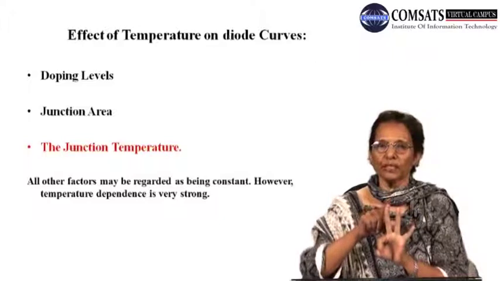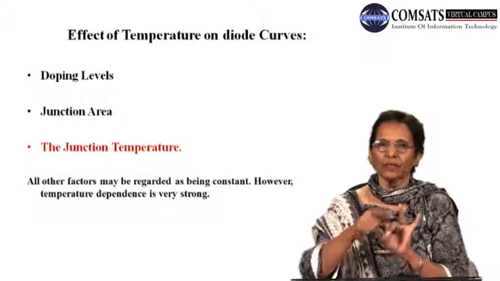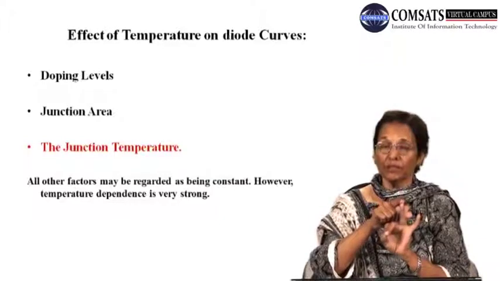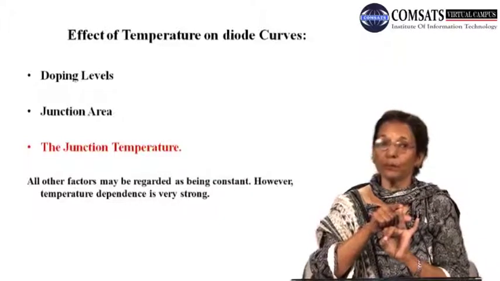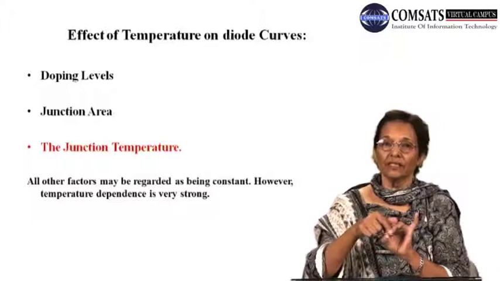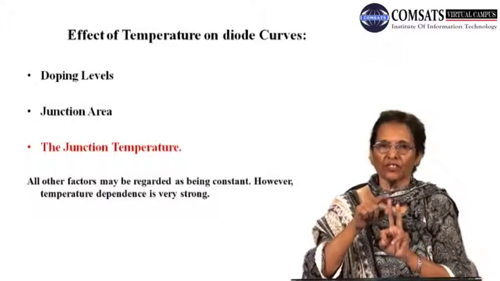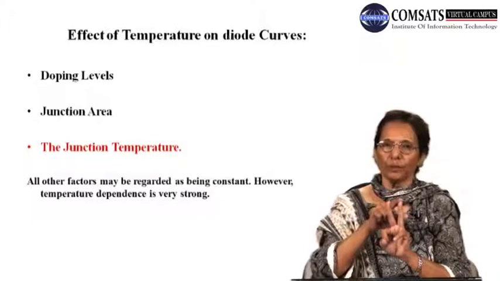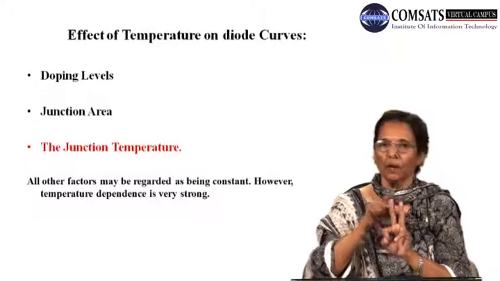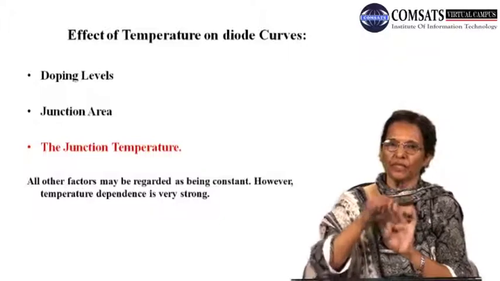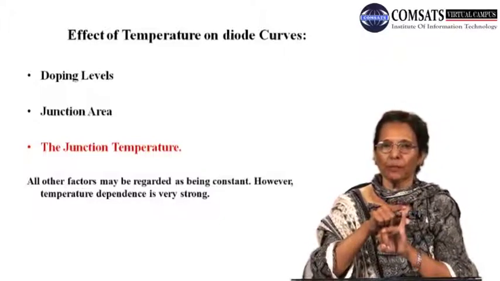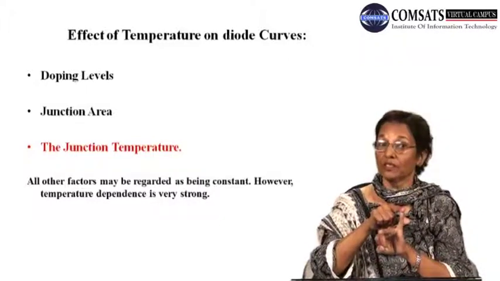The acceptor impurity on the p side, the donor impurity on the n side, hence the equilibrium carrier concentrations N on the N side and P on the P side, and they are strongly dependent upon the temperature T.